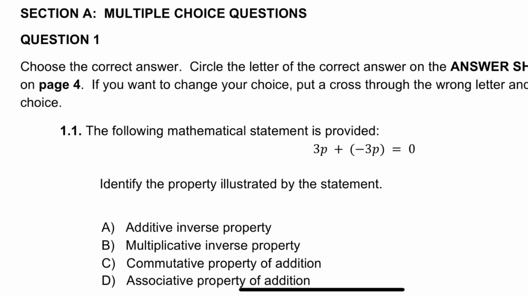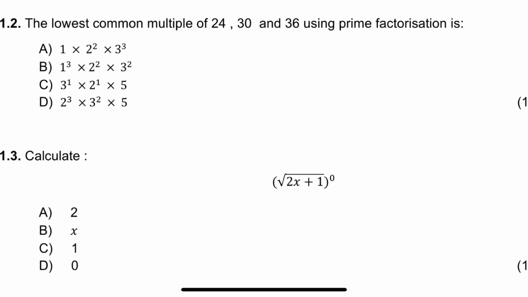My additive inverse will always equal 0. Yes, if I add z, my additive inverse for z would be z plus negative z. Okay, 1.1's answer is A. Let's have a look at 1.2.